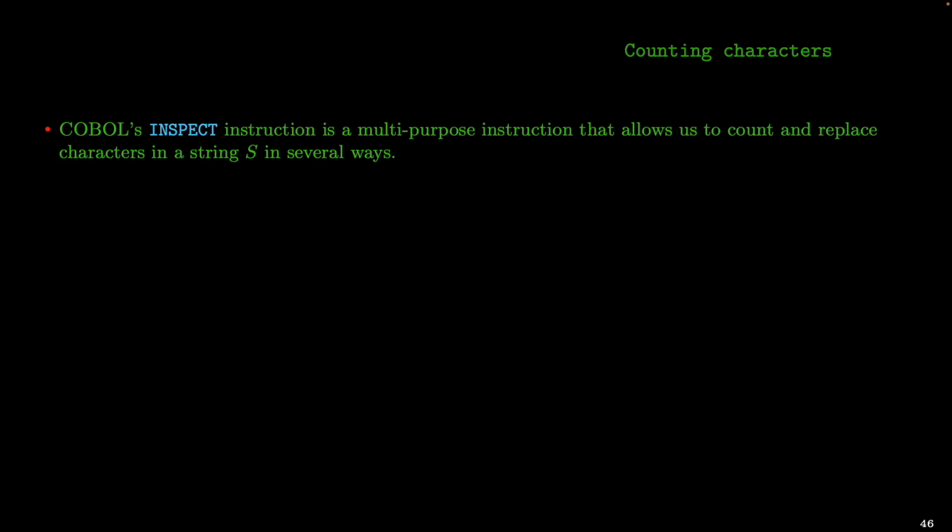We start with COBOL's INSPECT instruction, which is quite a multi-purpose instruction because it allows us to count characters in strings and replace characters in strings in several different ways.